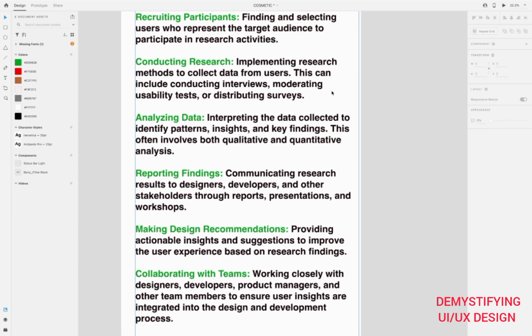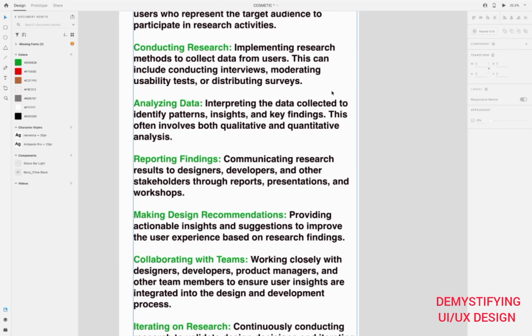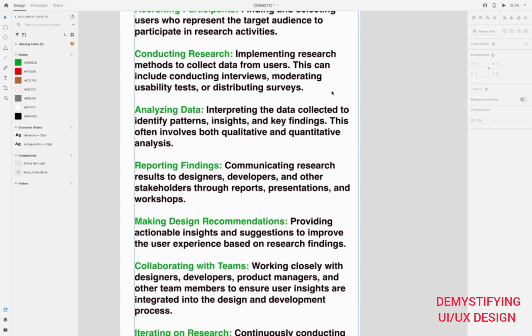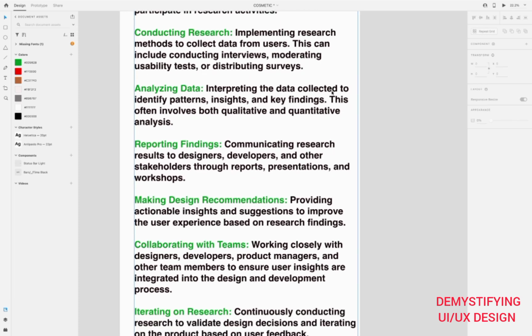Collaborating with teams: working closely with designers, developers, product managers, and other team members to ensure user insights are integrated into the design and development process. That is self-explanatory.